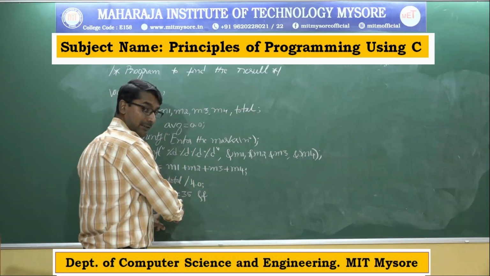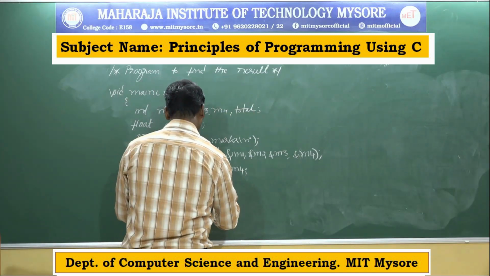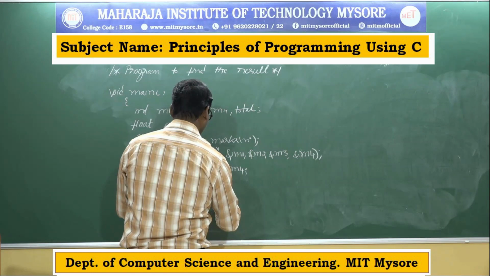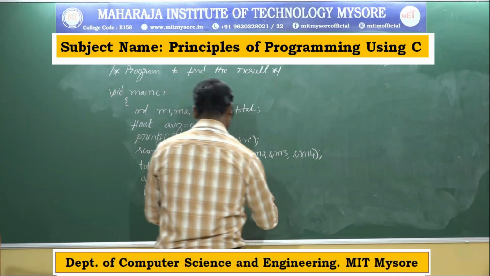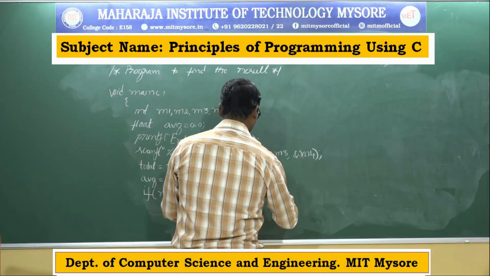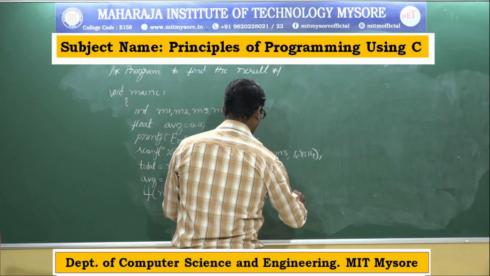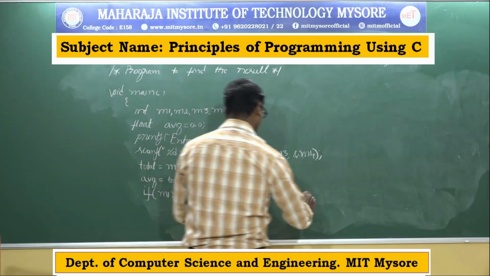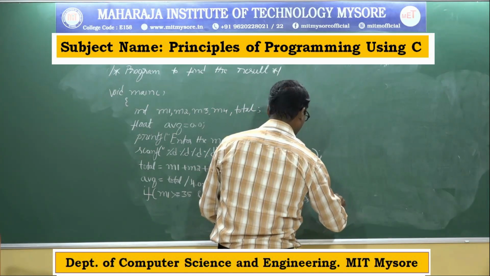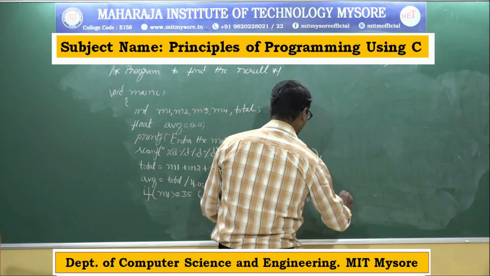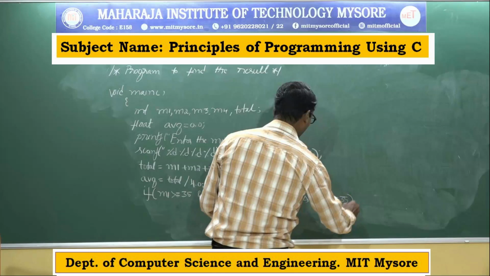Similarly, M2 is also greater than or equal to 35, and M3 greater than or equal to 35, and M4 greater than or equal to 35.